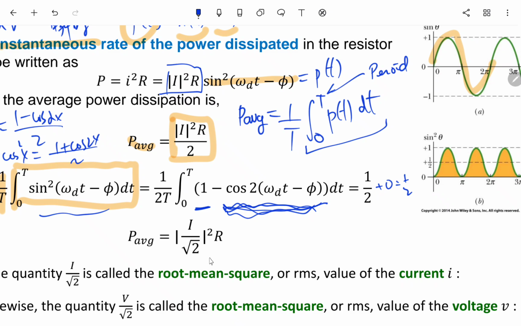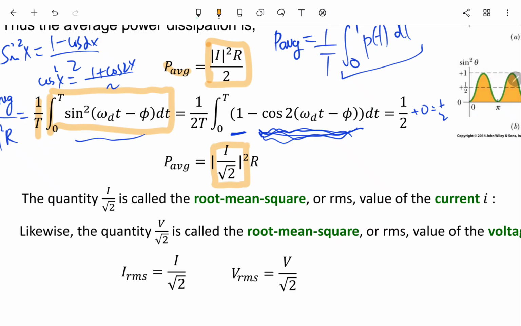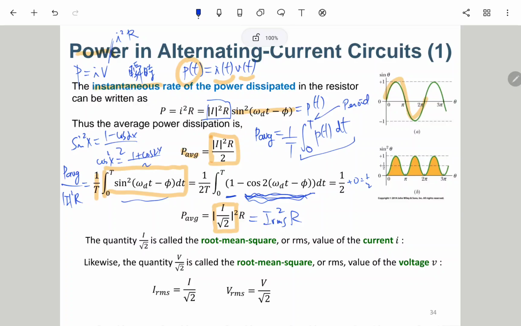So here we try to define this stuff, okay, this stuff to be I RMS square. Okay, so this stuff becomes I RMS square R. Okay, so now we have a I RMS square R, and then we have a I square R. This one for DC, or this one for AC. Okay, they both have the same form. Okay, so they are happy at this stage.